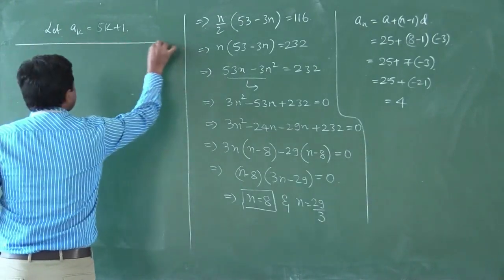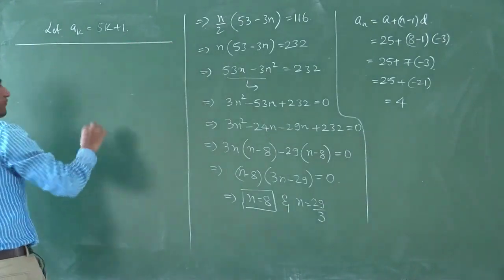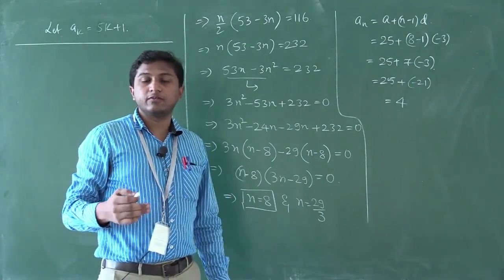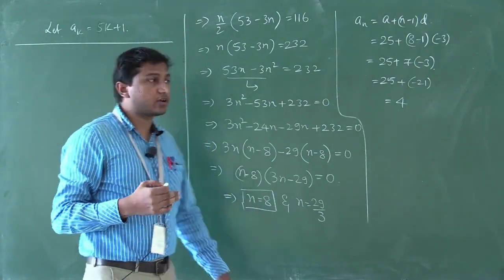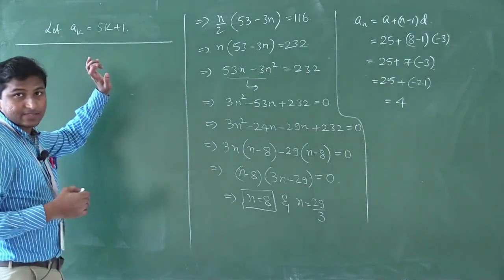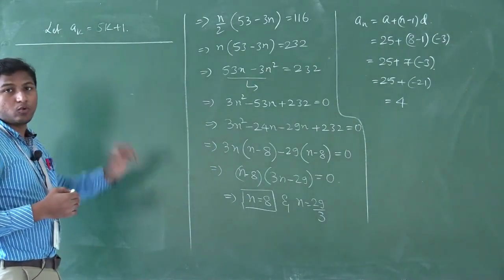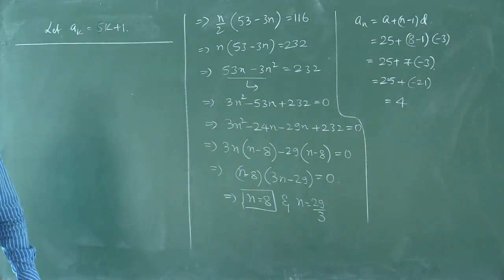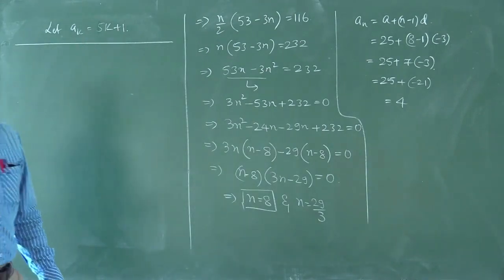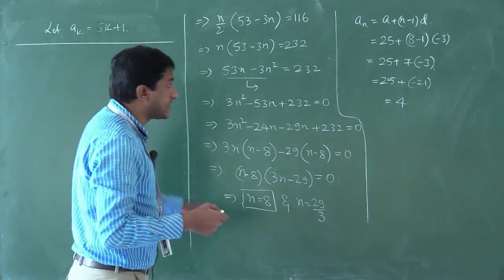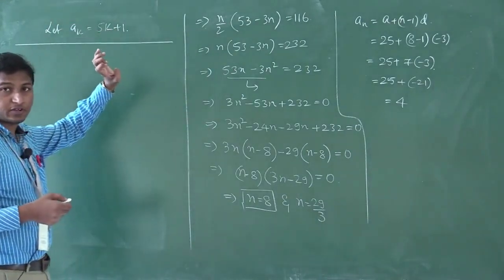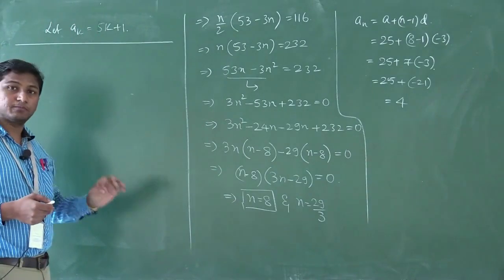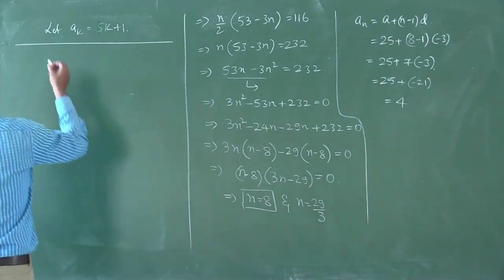Look here. To find the sum to n terms of an AP, we first have to find what a is and what d is. We have to find the first term a as well as the common difference. The only information given here is that the kth term is 5k plus 1, so we'll use that.